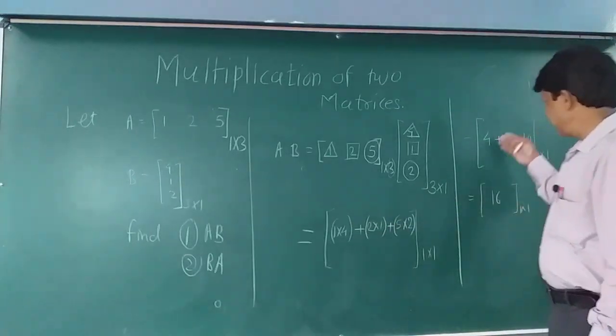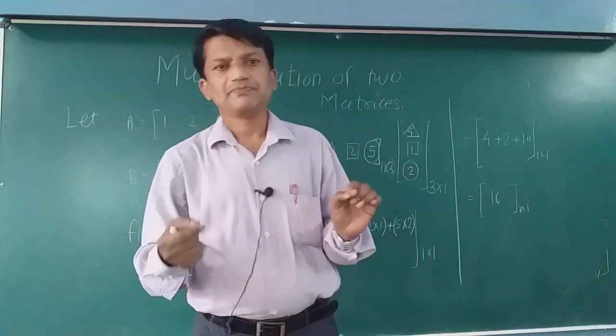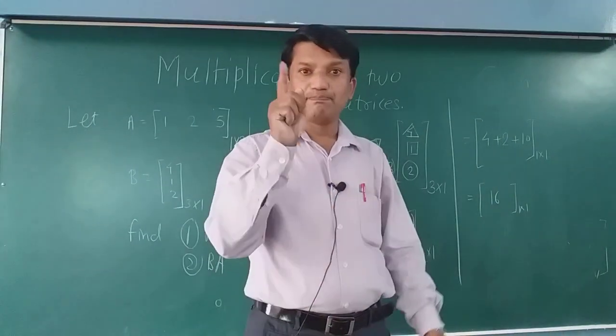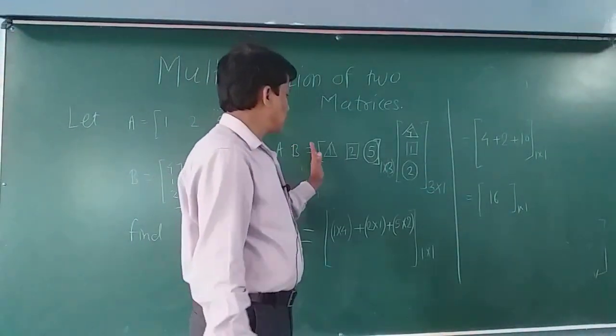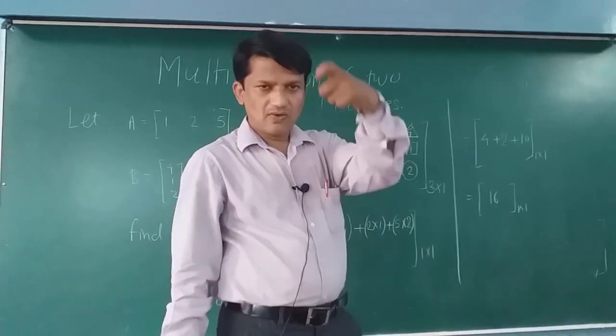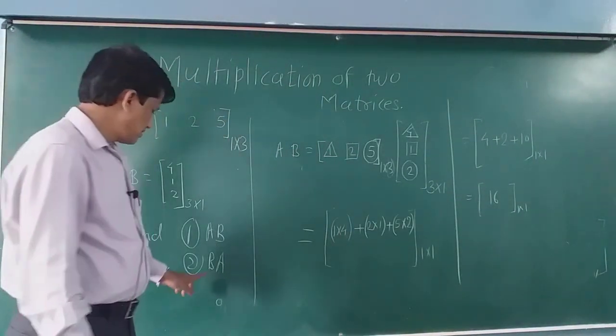Just add these three numbers and we get 16. Thus this is the technique to find the product of two matrices, row wise and column wise.